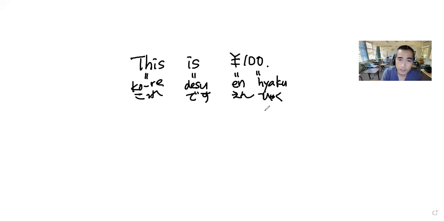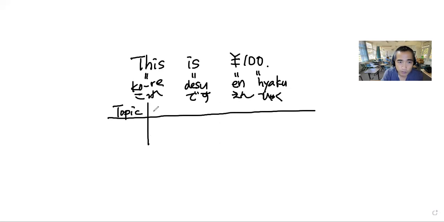Let's figure out why. Japanese sentences have a unique word order. Generally speaking, many Japanese sentences are based on topic, noun, particle, and then verb.